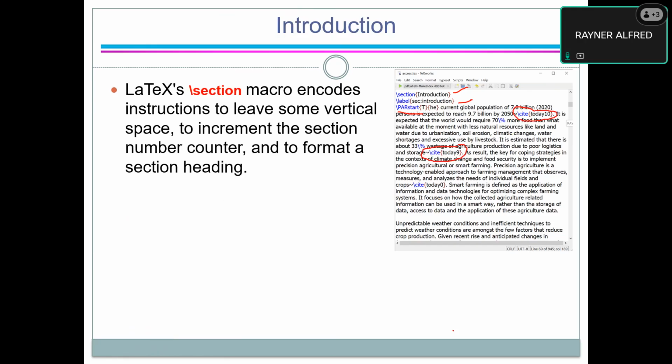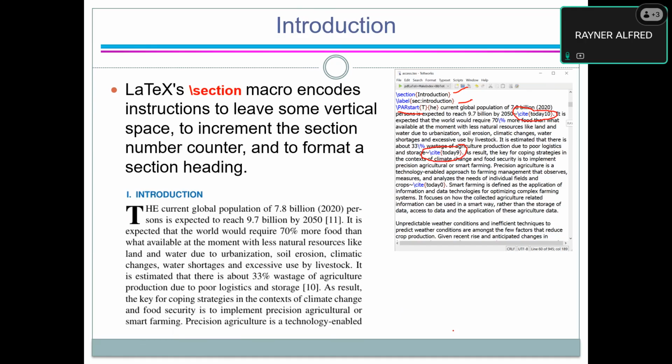So when we actually execute this LaTeX document, we'll have something like this. So you see this is the section, and this is the start, and then the citation is here, and here. So it tells you what they cite from. Okay, so here, and then where is the introduction, by looking at the keyword here.